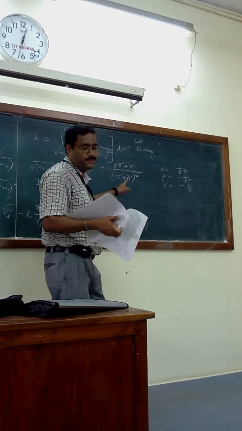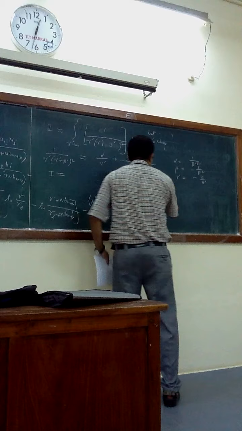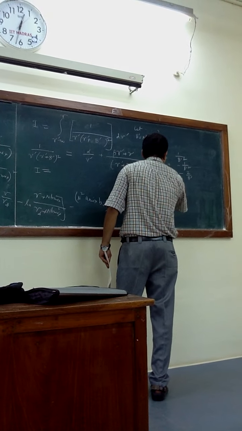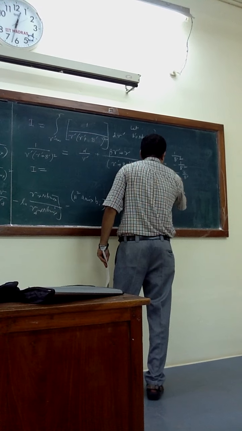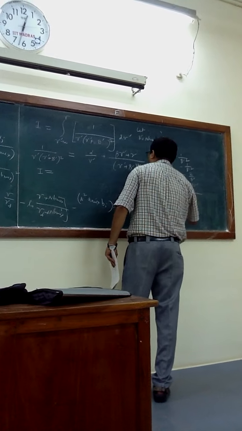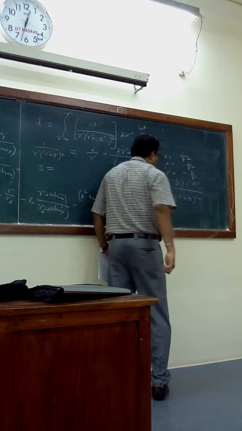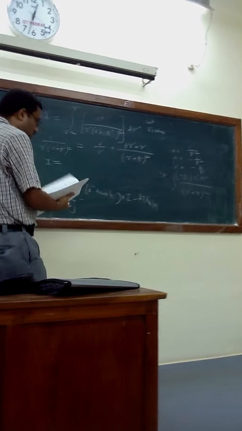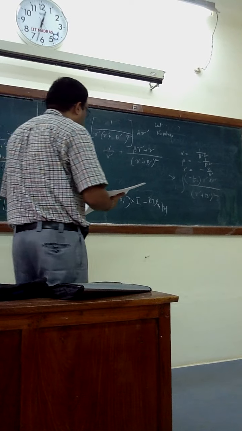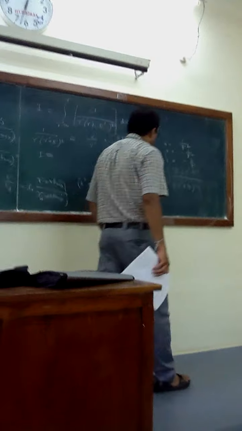So the beta term will be minus 1 by b prime square, b prime db prime divided by b prime plus b prime whole square. How to evaluate this?